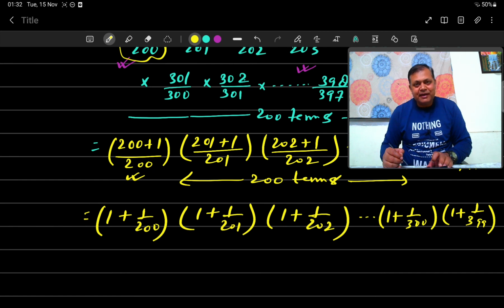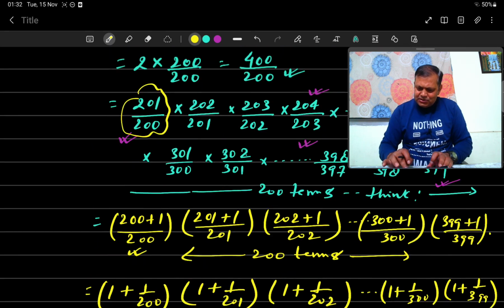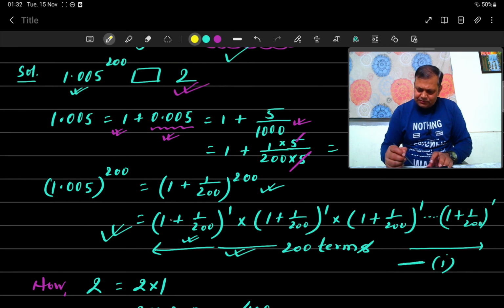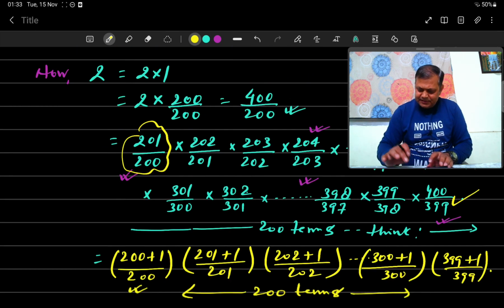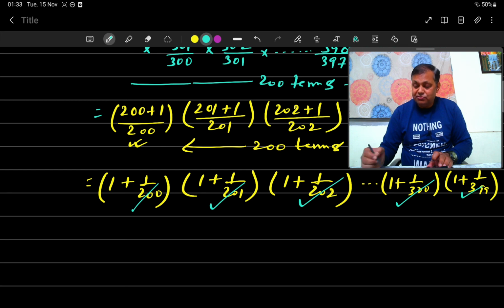A very interesting pattern you got here. Now just see in this expression: you have 1 by 200, 1 by 200, 1 by 200 in all 200 terms. But in this expression, you have 1 by 200, 1 by 201, 1 by 202, 1 by 300 and 1 by 399 in decreasing values.